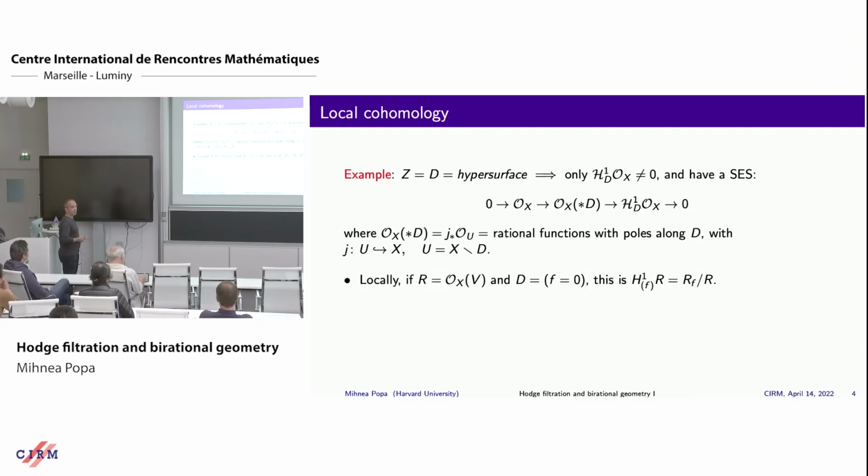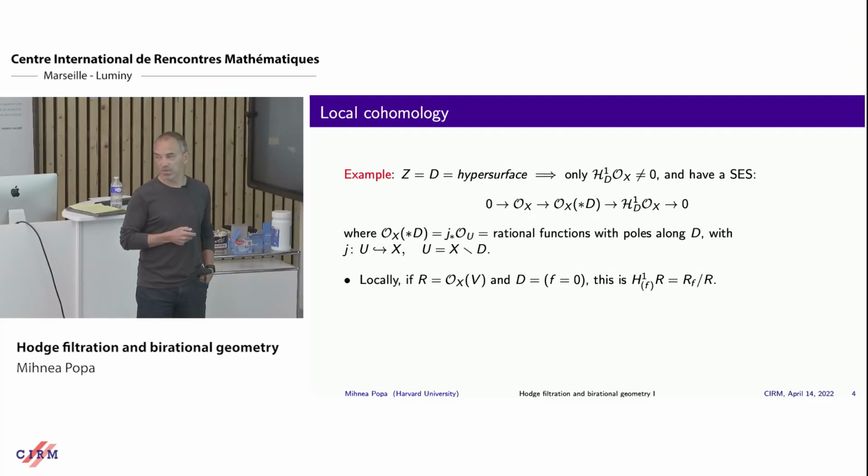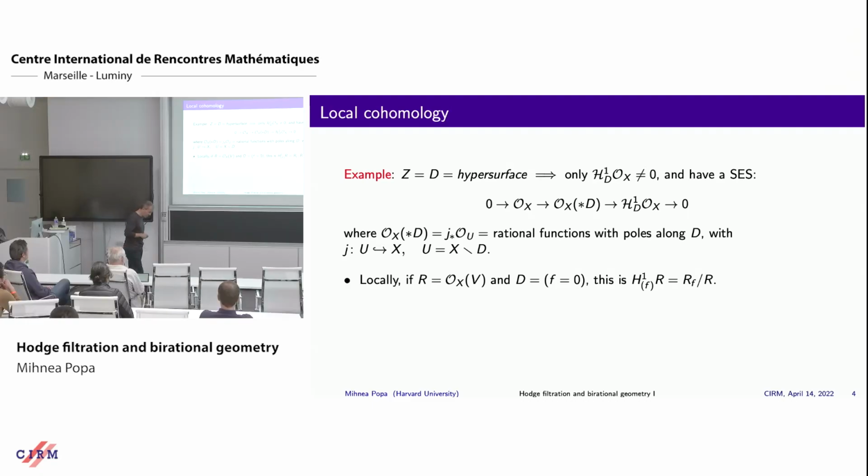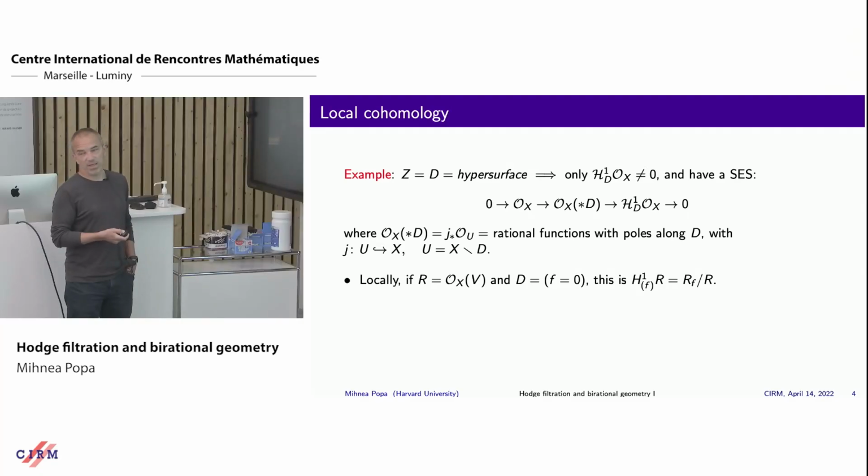Here's the simplest example, namely that of a hypersurface. In this case, we only have one local cohomology sheaf, namely H1. And more precisely, we have a short exact sequence where this is the usual j lower star of O_U, but because we're extending over a divisor, this is the localization that has appeared already in various talks here, the sheaf of rational functions with poles of arbitrary order along D. Okay, and we know what that is locally, right?